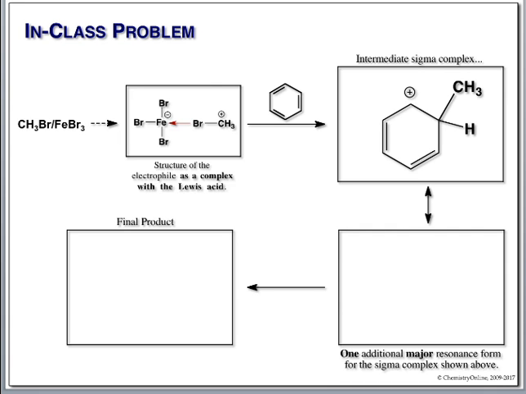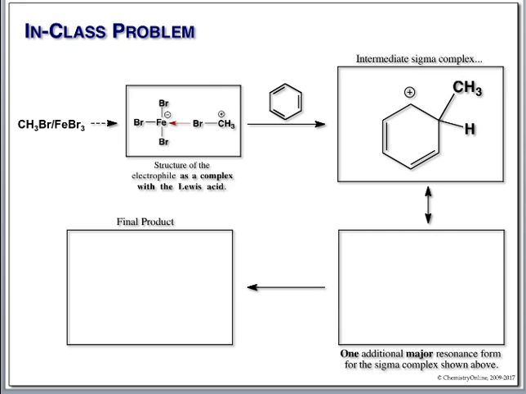Now, the reason it can do this is that this positive charge is resonance stabilized. What I'd ask you to do here is to draw one additional resonance form for the sigma complex. Just one. There are 2 more, but just one.